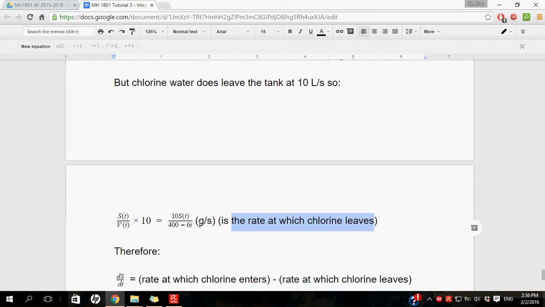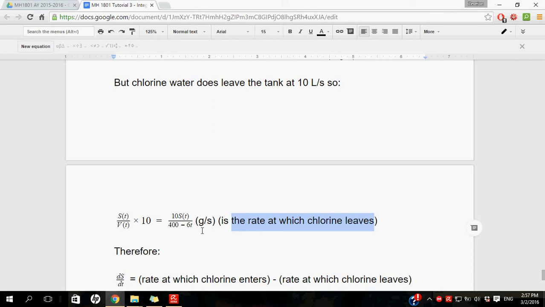And you can check, we have this as the formula: 10 times S of t divided by 400 minus 6t. And the units once again match up. Grams per liter, liters per second. What you should get is grams per second.